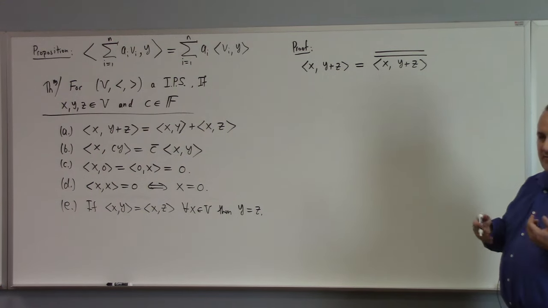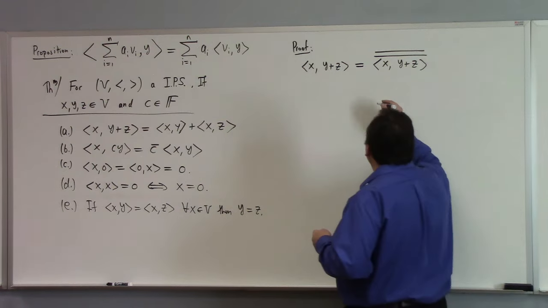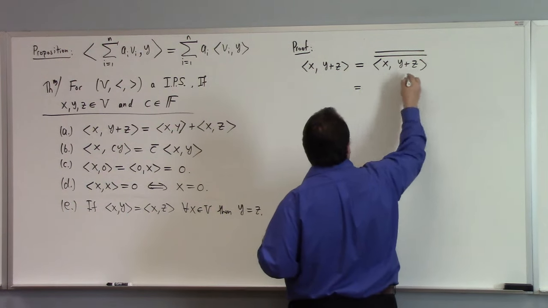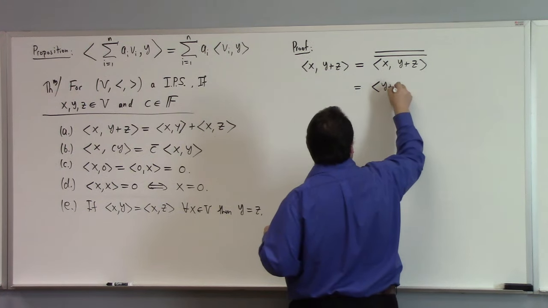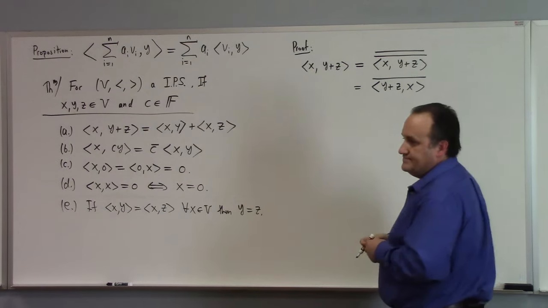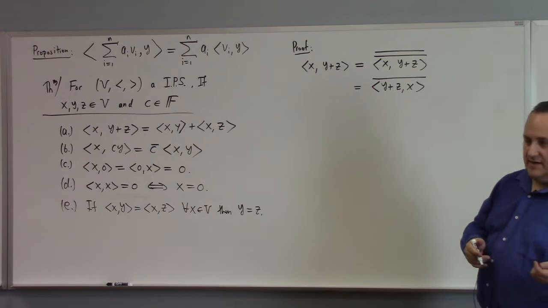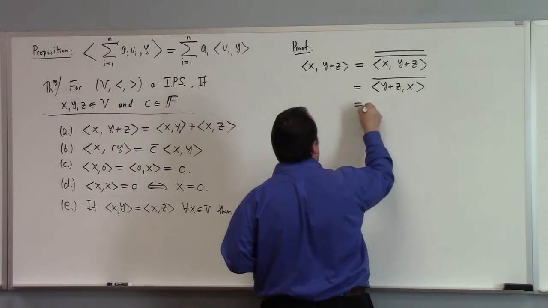If you take the complex conjugate twice, you get right back where you started, so this is an identity. But then I can use the inside complex conjugate to trade that for the inner product of y plus z with x, complex conjugate. Then I can use axiom A to exploit the additivity in the first slot.